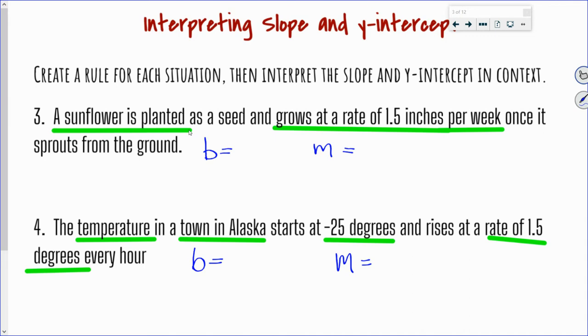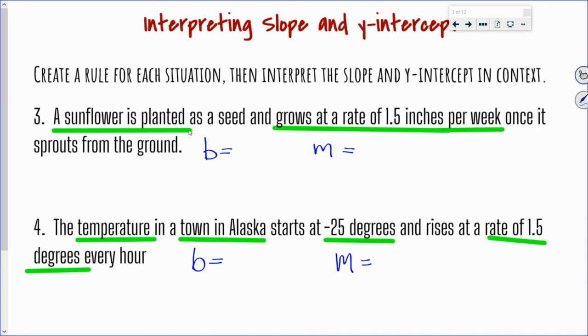Number 3 is a little bit tricky. You got to think about, yeah, Dylan's got the answer. You got to think about when you plant the seed, how tall is the plant? I think for my y-intercept for number 3, what's an answer, Dylan? 0.